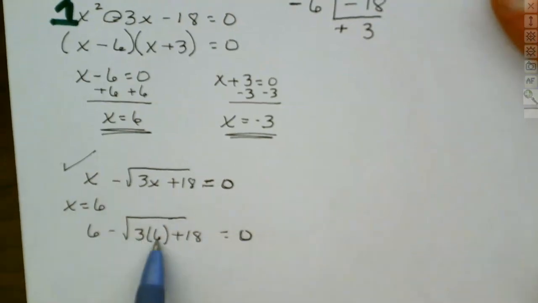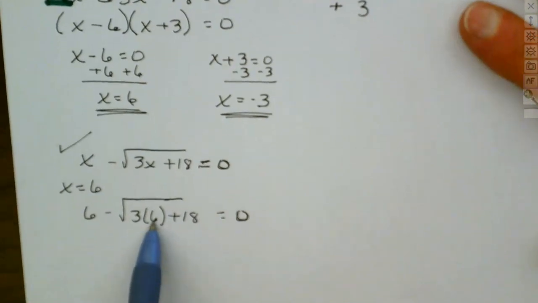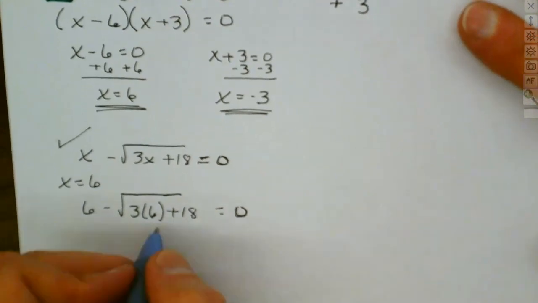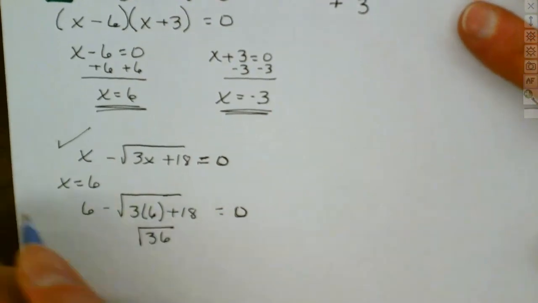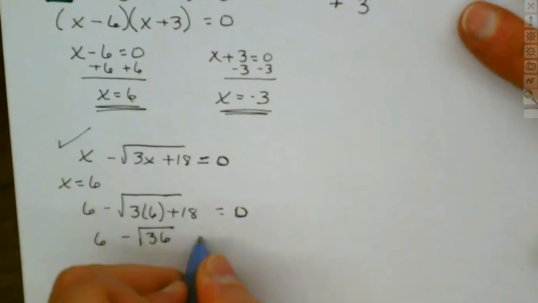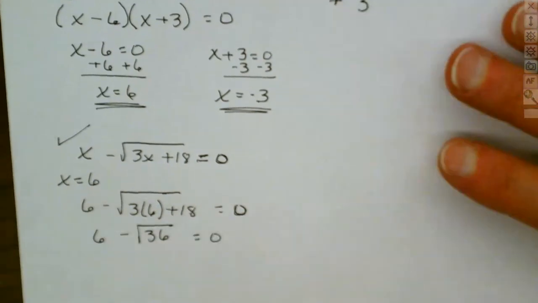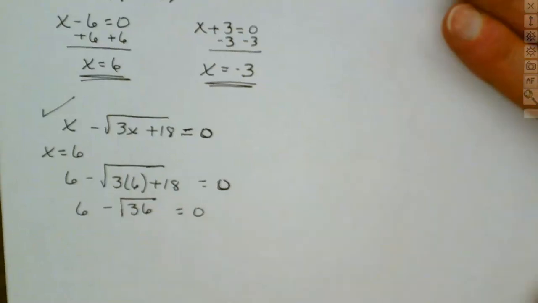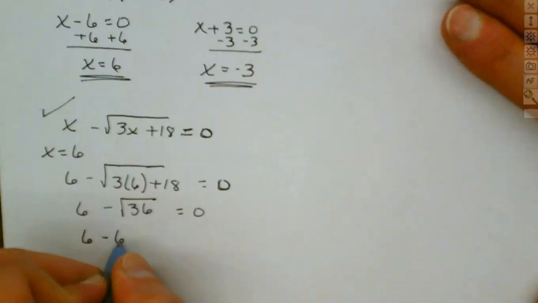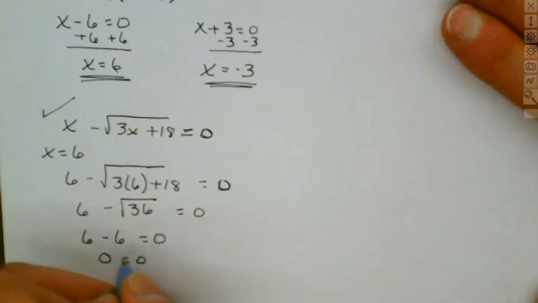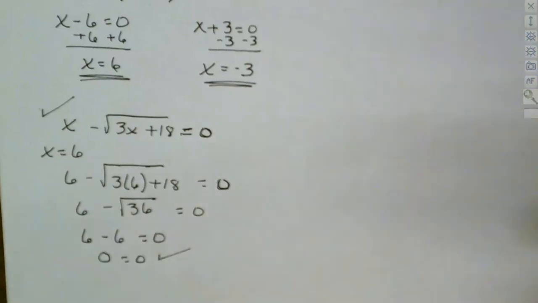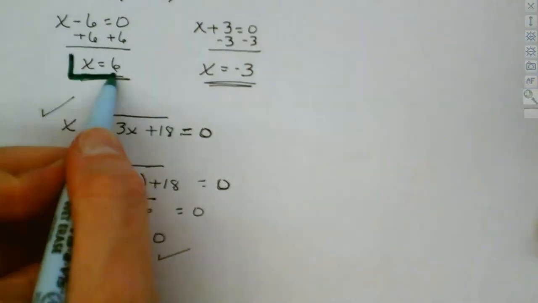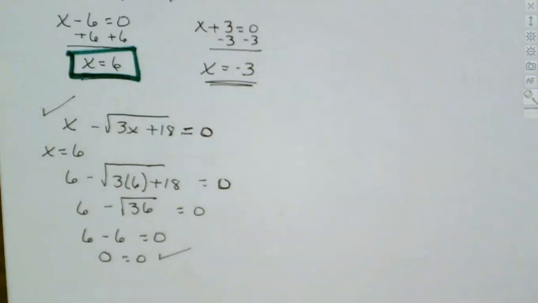Okay, so 3 times 6 is 18. 18 plus 18 gives you a 36. And what do we know about the square root of 36? What's the square root of 36? 6. So now we've got 6 minus 6. And 6 minus 6 is 0. 0 equals 0. So it works. So we know that x equals 6 does in fact check out.